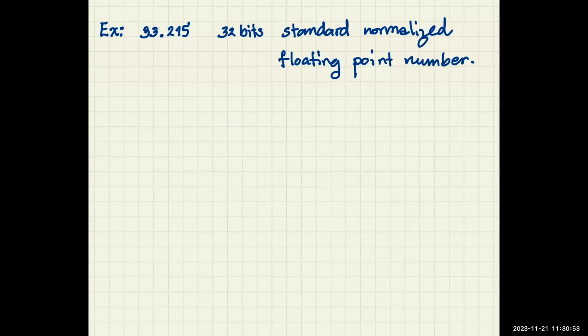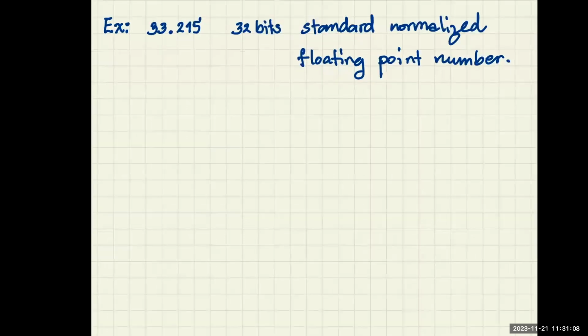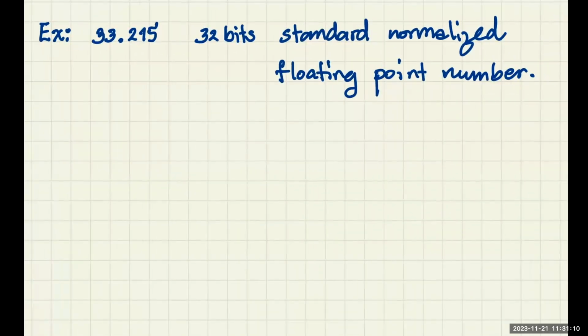Okay, the machine has this form, the architectural design using this standard normalized floating point number. So we will have to rewrite this 33.215 in terms of base 2 first, right?